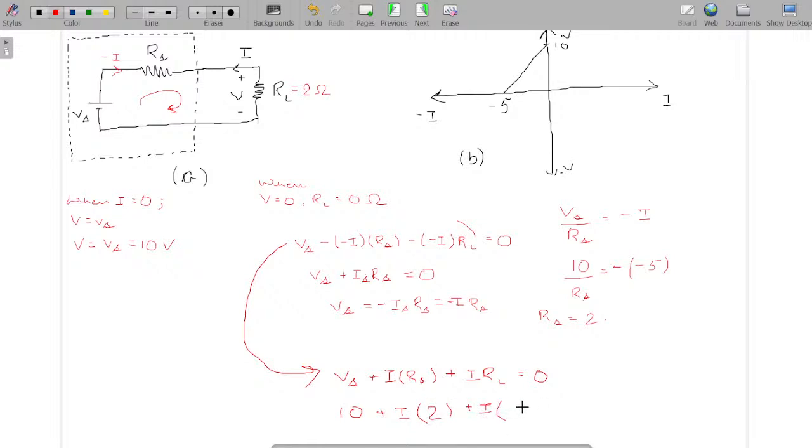RL is given to be 2 ohms. This would imply your current I is equal to 10 upon 2 plus 2, that would be 2.5 amperes.